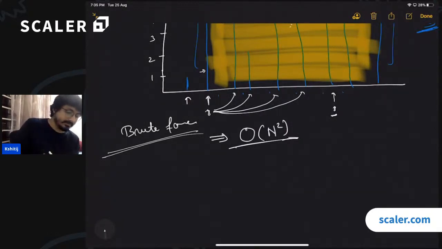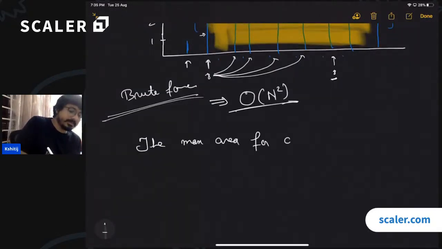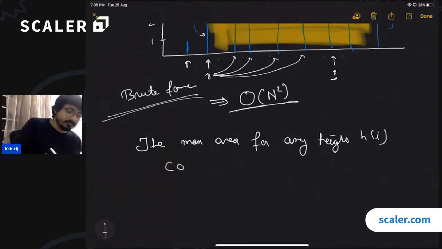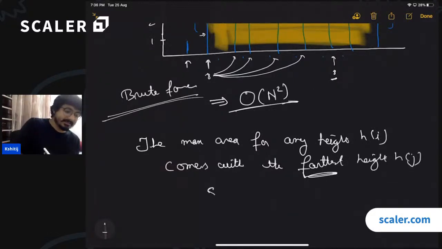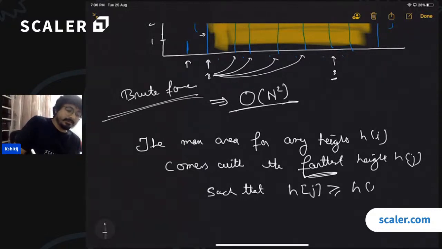If I write this, the maximum area for any height hi comes with the farthest height hj, such that hj is greater than or equal to hi.